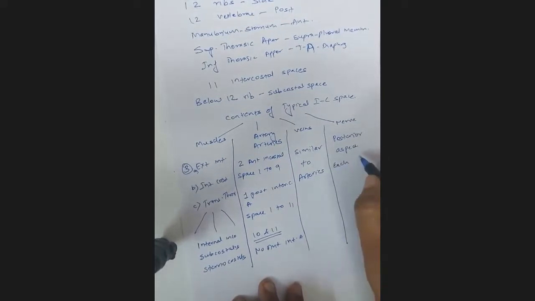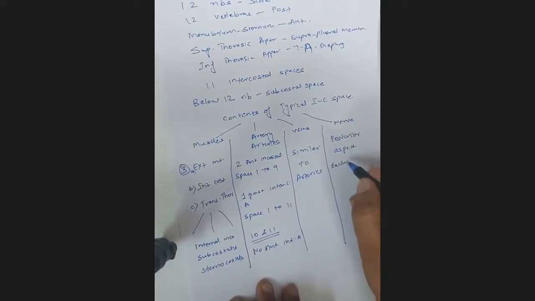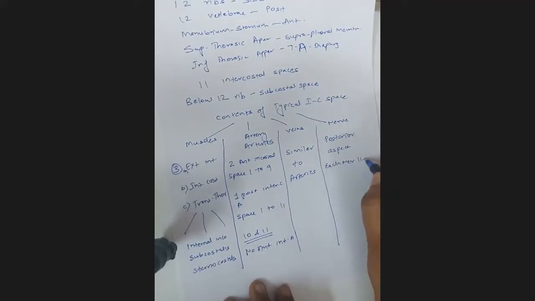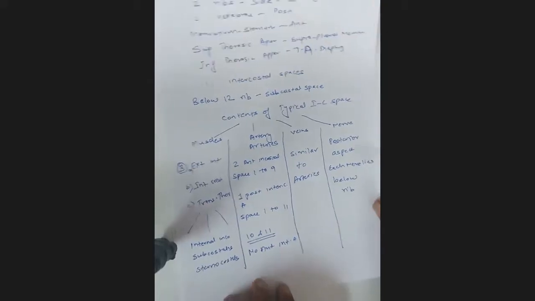Each nerve lies below the corresponding rib. So the first thoracic spinal nerve will lie below the first rib.